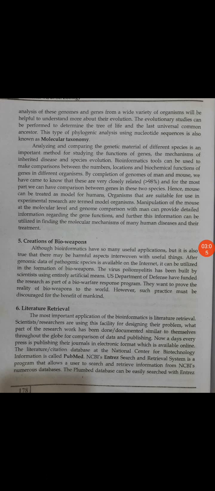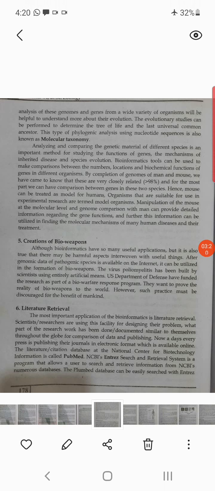After genomic data of pathogenic species is available on the internet, it can be utilized in the formation of bioweapons. The poliomyelitis virus has been built by scientists using entirely artificial means. The US Department of Defense funded the research as a part of a biowarfare response program, and they wanted to prove the reality of bioweapons to the world. However, such practice must be discouraged for the benefit of mankind.